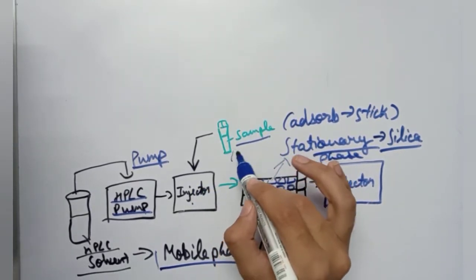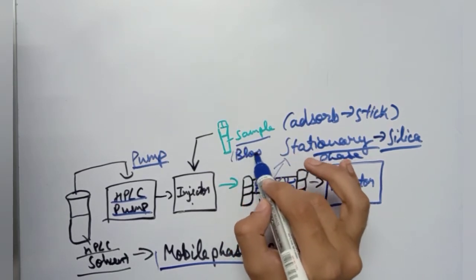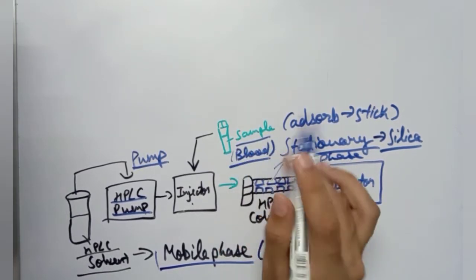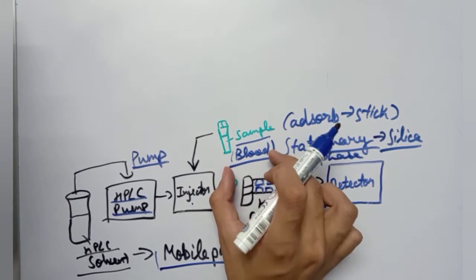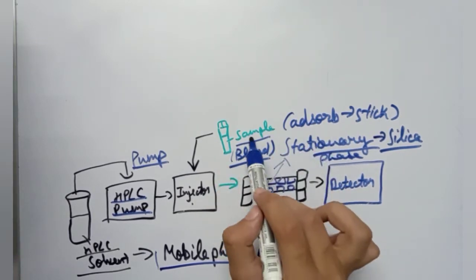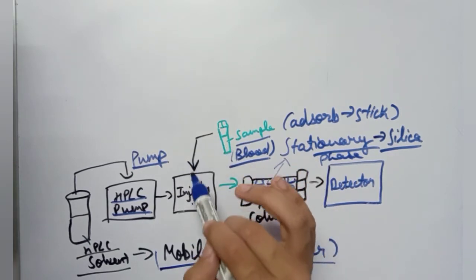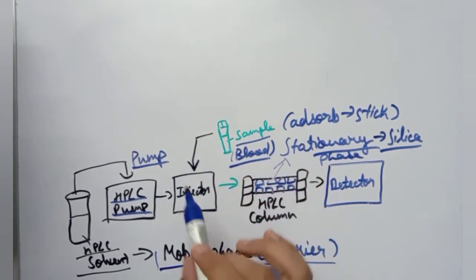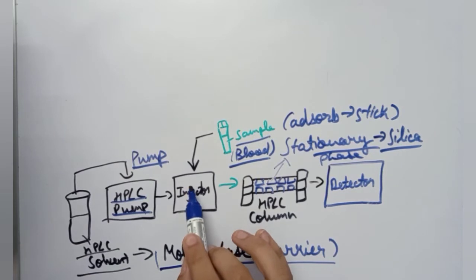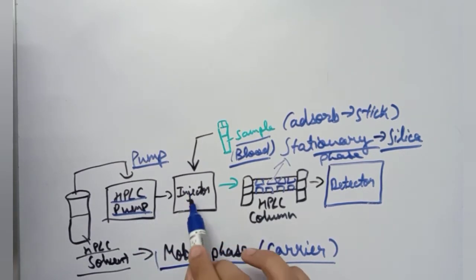The sample can be, for example, blood, so we have to separate different components such as proteins from the blood. So we take blood as the sample, and we put the blood in the injector, and the injector also carries the HPLC solvent or mobile phase.